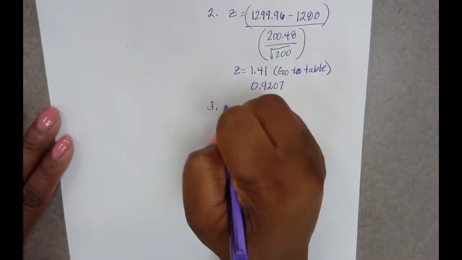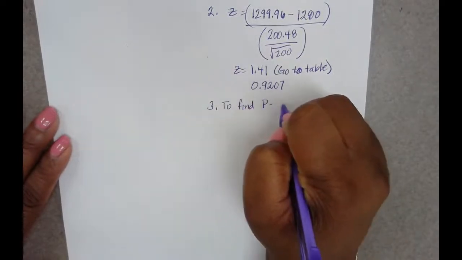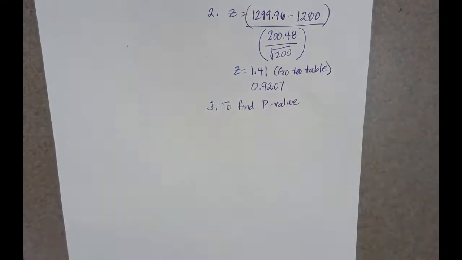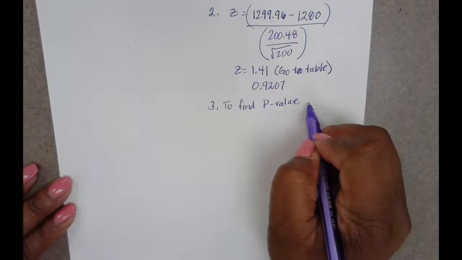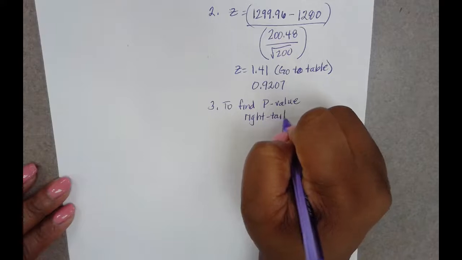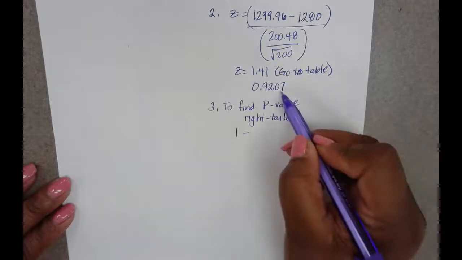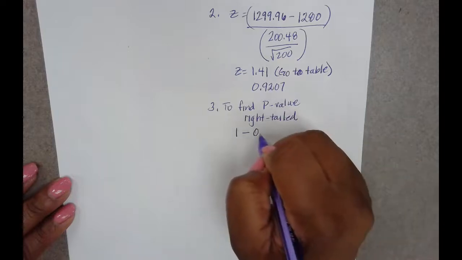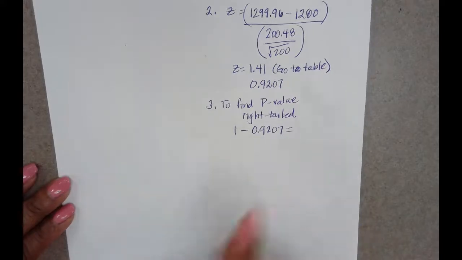So to find the p-value, since it is a right-tailed test, that's important, then I have to do 1 minus the corresponding probability, which is this number, to find the p-value that we need.